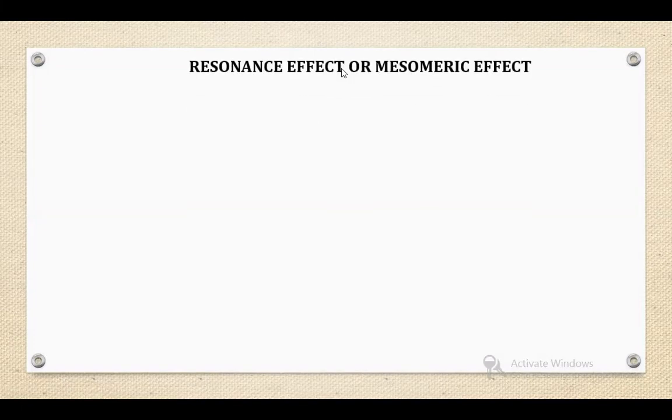Now, the resonance effect we also call the mesomeric effect. In an earlier chapter, we came across the meaning of resonance. We studied this in chemical bonding, right? For many molecules, we cannot explain the properties with a single structure.